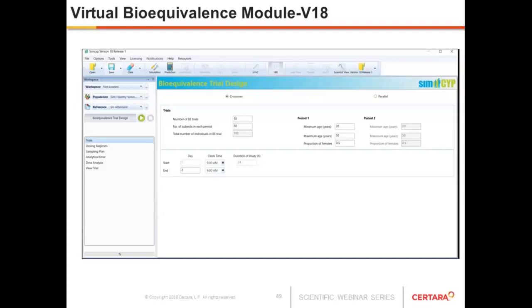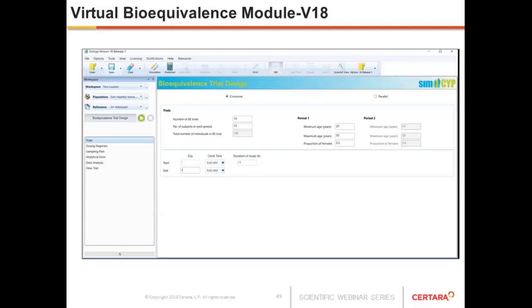Going forward, the virtual bioequivalence module will be more advanced and will be able to accommodate newer trial design techniques, such as scaled average bioequivalence, and the user will also be able to simulate bioequivalence between two different populations, let's say extensive metabolizers against poor metabolizers, and healthy volunteers against patient populations.